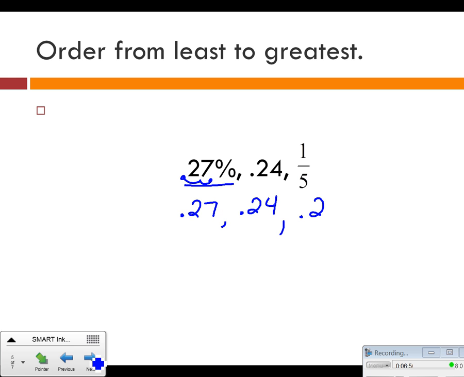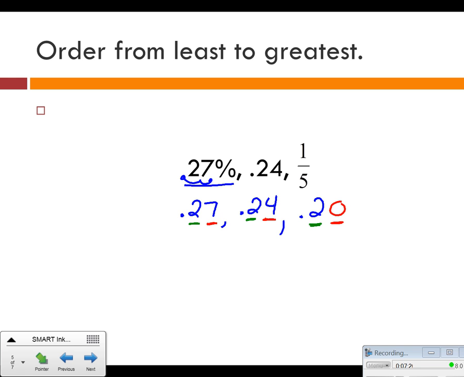So I'm going to compare these decimals going from left to right. They all have a 2 in the tenths place value, so they're all the same at that point. Now in the hundredths place value, they're different. We have a 7, we have a 4, and here we have 0. The smaller it is, the smaller that value is.